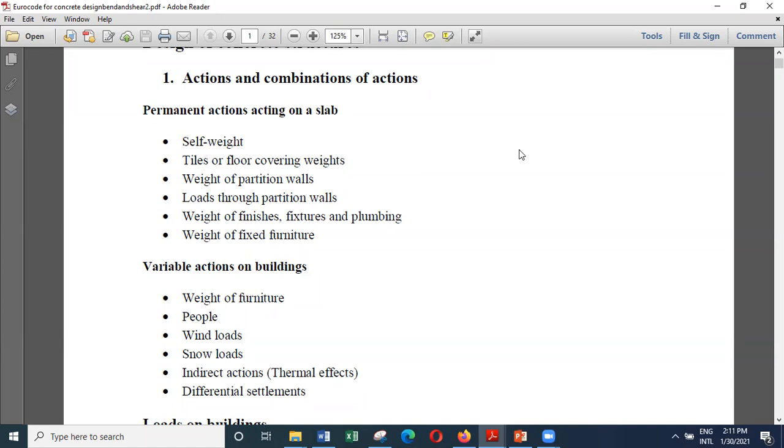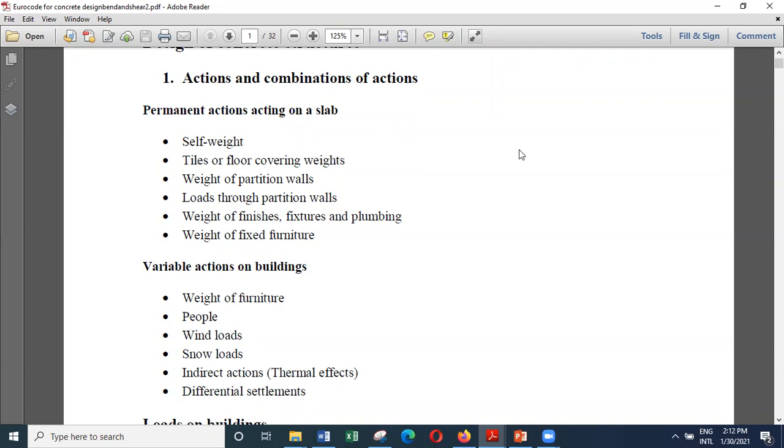Right. So if you consider any structure, we have to consider self-weight, the load of finishers, and so on. And those are called, earlier we used to call them permanent loads, so dead loads and superimposed dead loads. But in Eurocode, they are called actions.